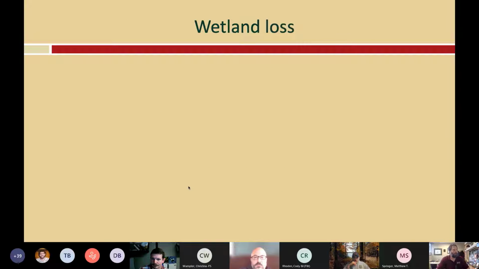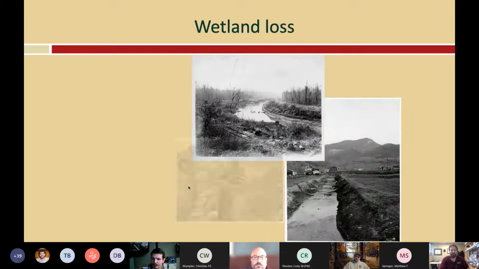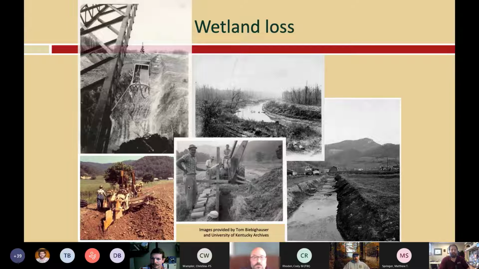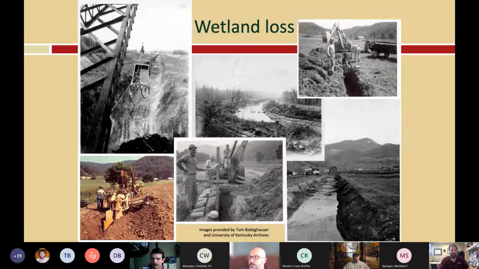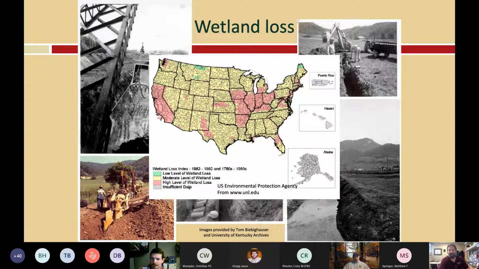Also, as everyone's aware, we've lost a lot of our wetlands. These are images from Kentucky where they've been ditched, drained, tiled, and filled for agriculture and development, leading to us being a leader in wetland loss, unfortunately, with over 80% of our wetlands lost.